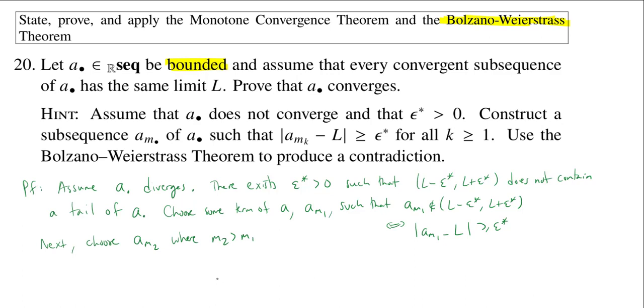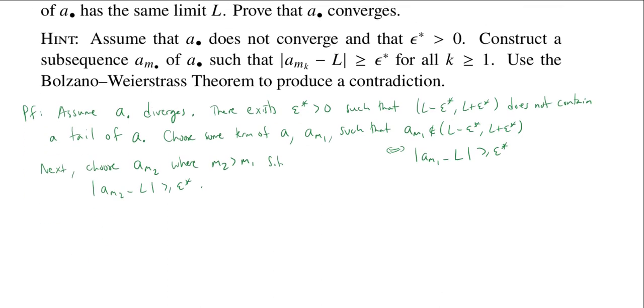So I'm really taking a new term in the sequence and it's out past the original one, such that, either way, we could write it this top way or this bottom way. Let me just write the bottom way to stay consistent with the hint: A_M2 minus L is at least epsilon star. And we continue in this way to build A_M dot.